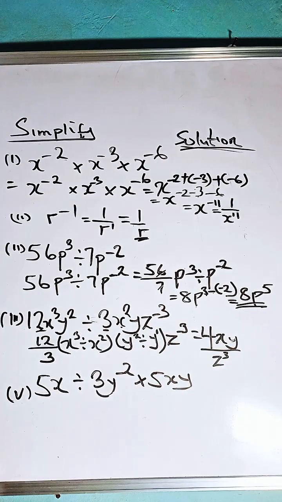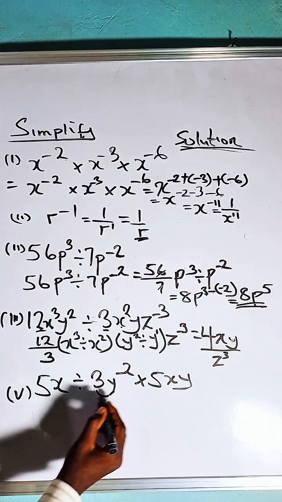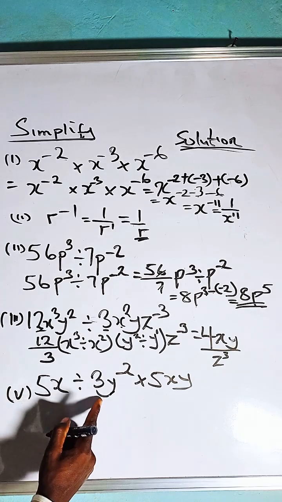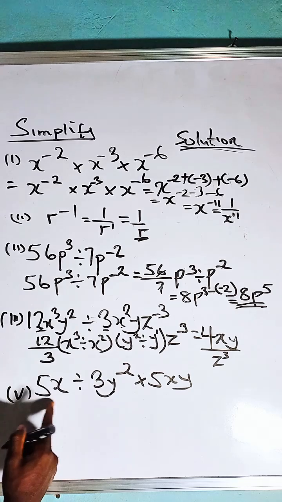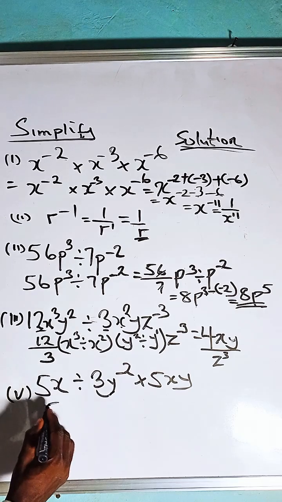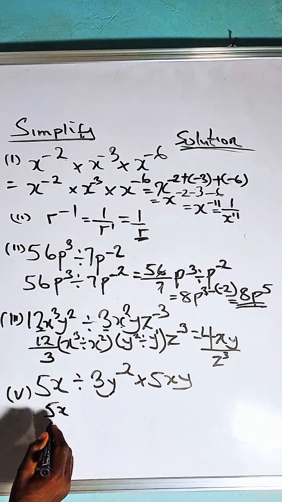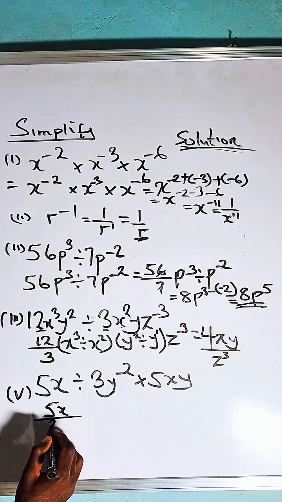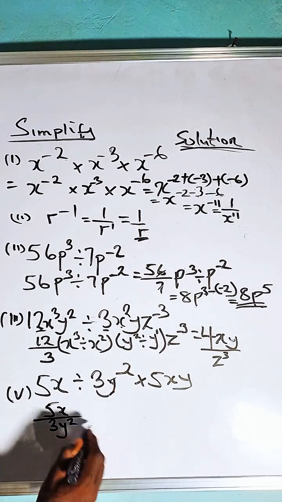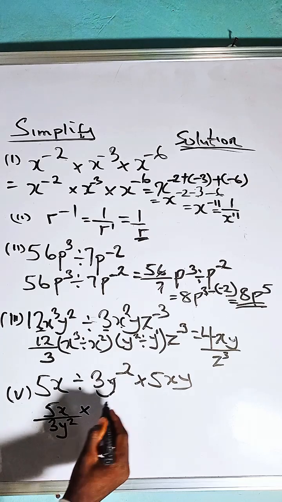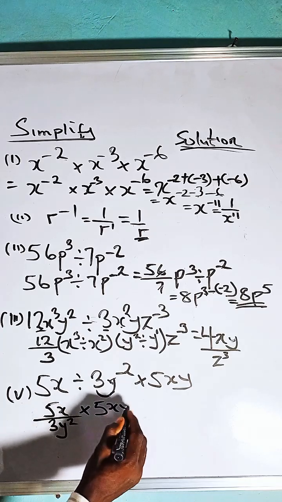For the fifth expression, we have 5x divided by 3y raised to power minus 2 times 5xy. We can have it in this form, 5x over 3, and for y minus 2 we have it as y squared, times 5xy.